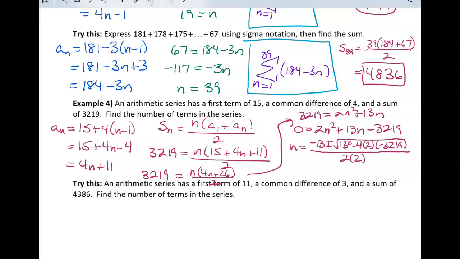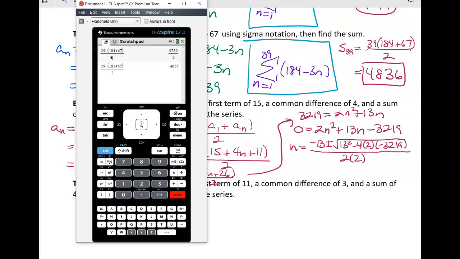Alright, now I'm just going to use the calculator to compute those two values. Remember, the quadratic formula is giving you two values, one for plus and one for minus.